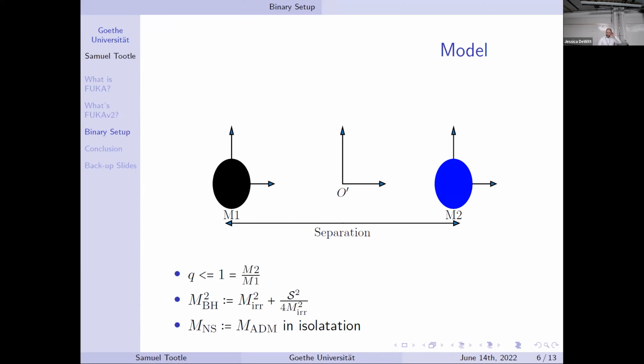And we have two different masses to specify. In the case of a black hole, we have the Christodoulou mass, which incorporates the irreducible and the spin component to give you a total gravitational mass. And for the neutron star, you always read about it in literature as the gravitational mass at infinite separation. In our case, we just solve the star separately, and so it's our ADM mass in isolation.